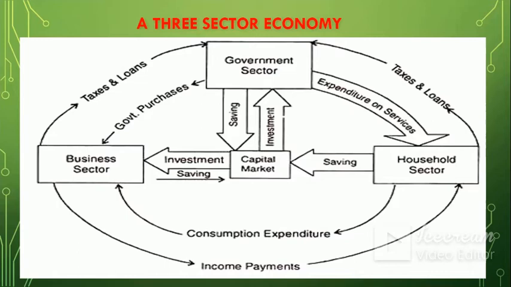When there is a deficit, the government borrows from the capital market, either from banks and other financial institutions, which receive funds from the household sector in the form of savings. So this capital market, where do they get their funds? From the household in terms of savings, and also from the business sector in terms of savings.